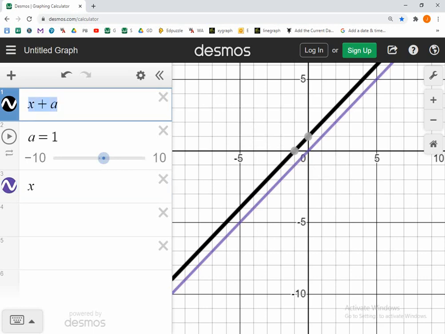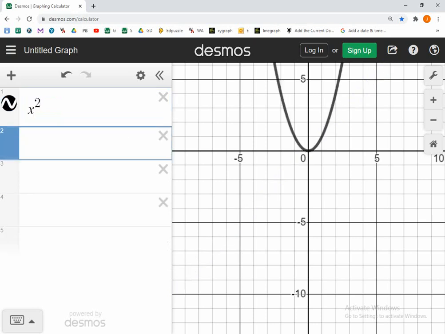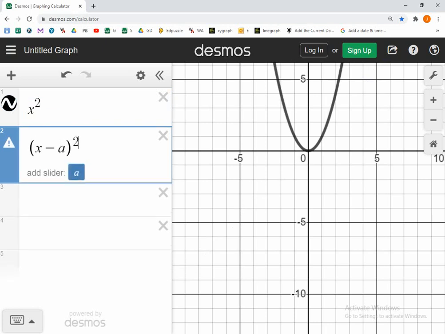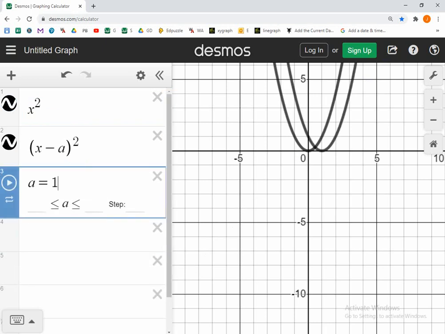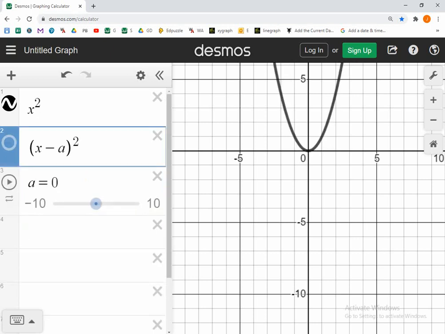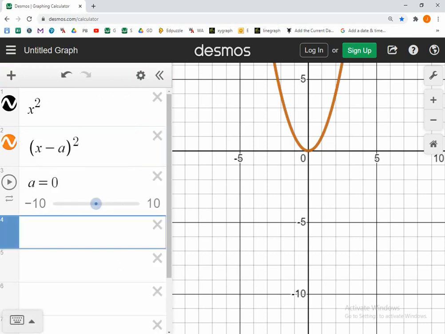So let me show you what happens. If I have x squared, and then I have x minus a squared, and let's just say right now a is 0. Those two things are the same, right?